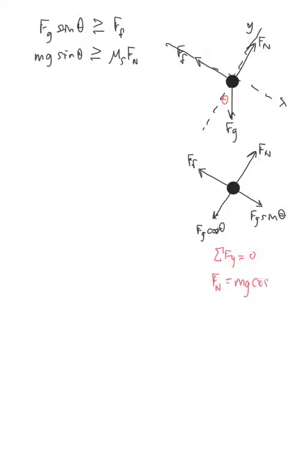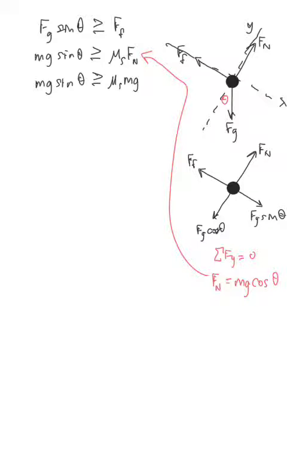So we have mg cosine of theta, and we're going to put this back right there. So we now have mg sine of theta has to be greater than or equal to mu s mg cosine of theta.